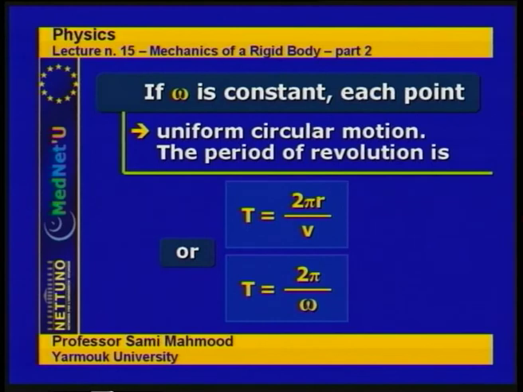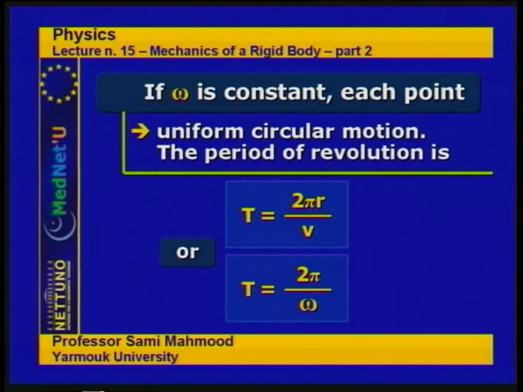However, in terms of angular variables, we can find this period of rotation because we just developed the relation between the angular variable omega and the linear variable v. If we substitute omega r instead of v, then the period of rotation of a particle is equal to 2 pi over omega.